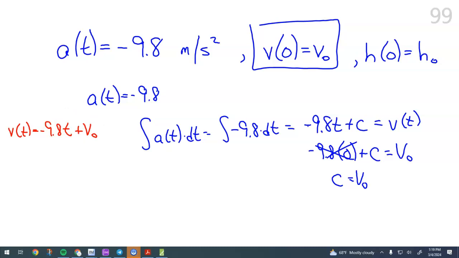Agree? If I integrate velocity, where do I go? Let's integrate both sides. What's the integral of velocity? Position. Let's call it x. And the integral of negative 9.8 t would be negative 4.9 t squared.